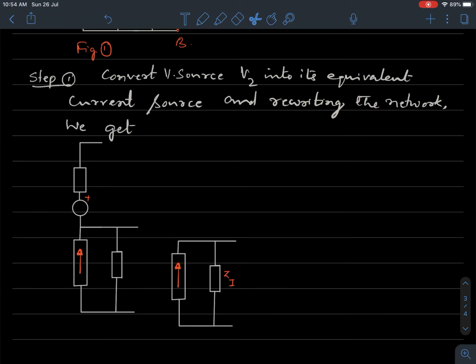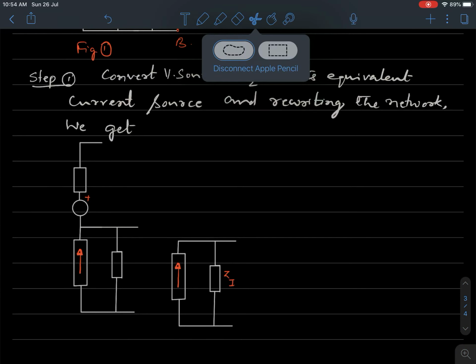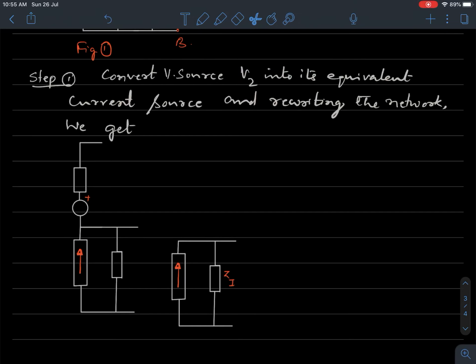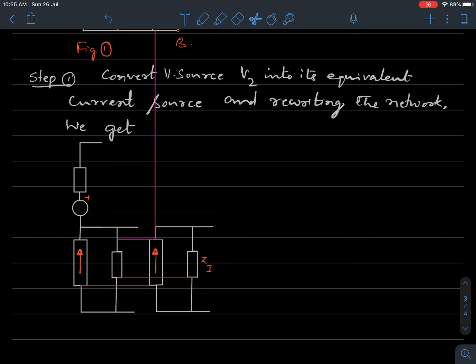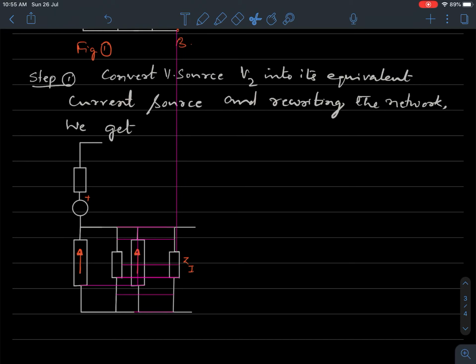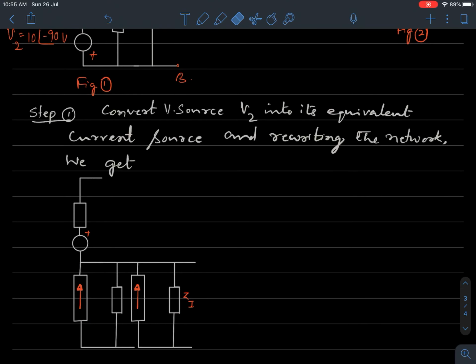I will connect it. Then I'll connect the source. I'm just trying to draw the diagram, that's all I'm trying to do. Drawing the diagram takes time.